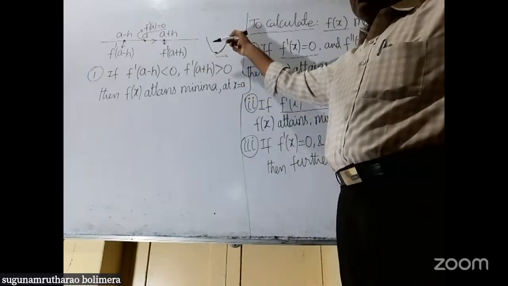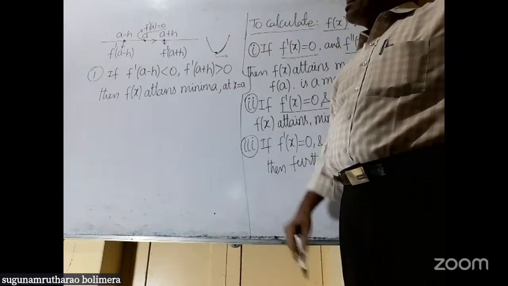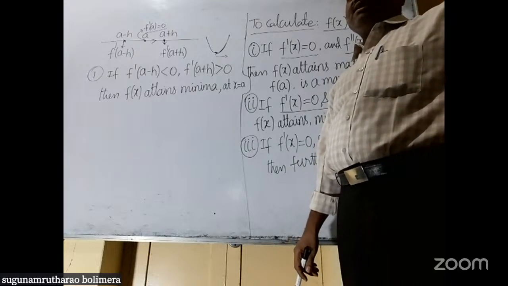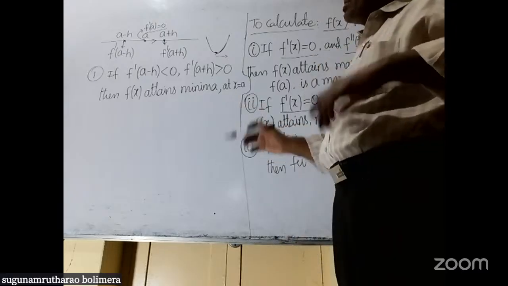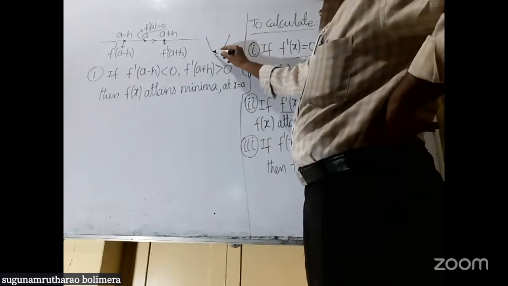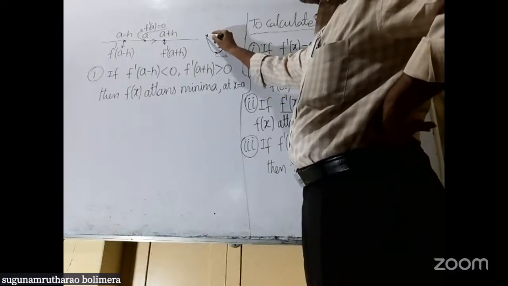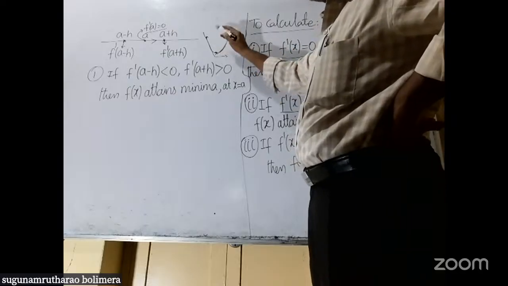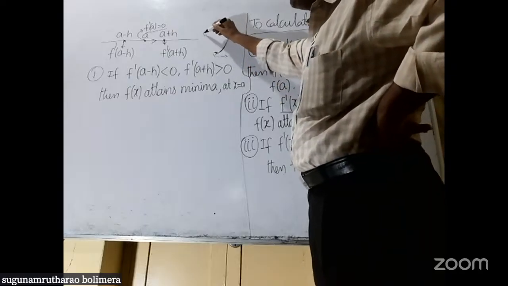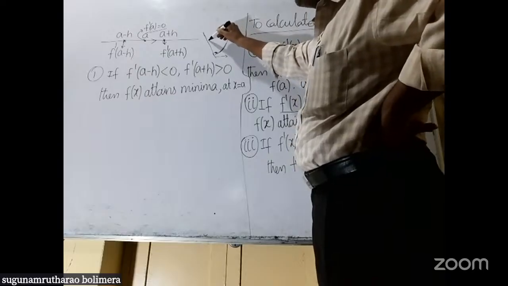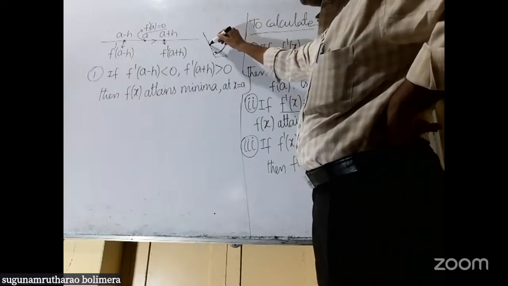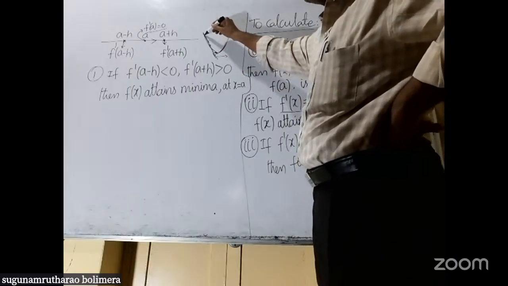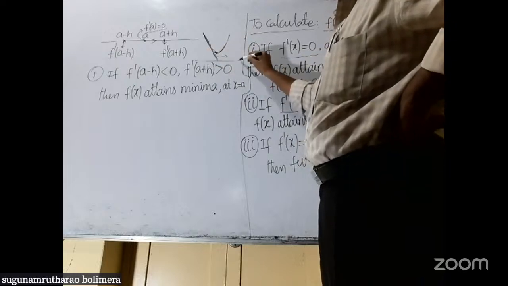To positive means it is attaining minima. This is a minus h. This is the straight line.